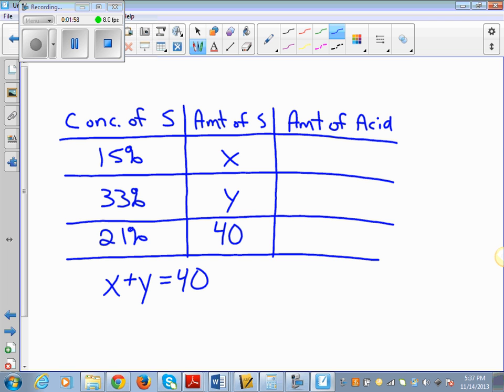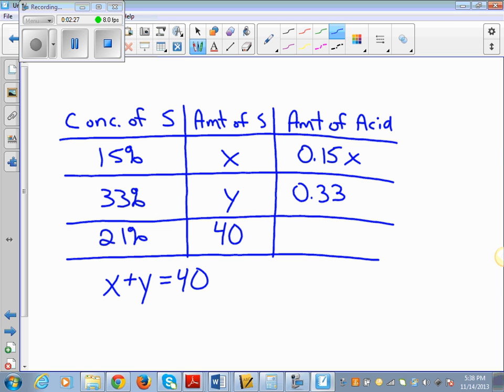Now we can go in and fill out the rest of this column. So for our 15% solution, if 15% of the total amount is acid, then we could write that out as 0.15 times X. So times the amount of solution. That is how much is going to be acid. So in our bottom one, we're going to do the same thing, but this time it's 33%.